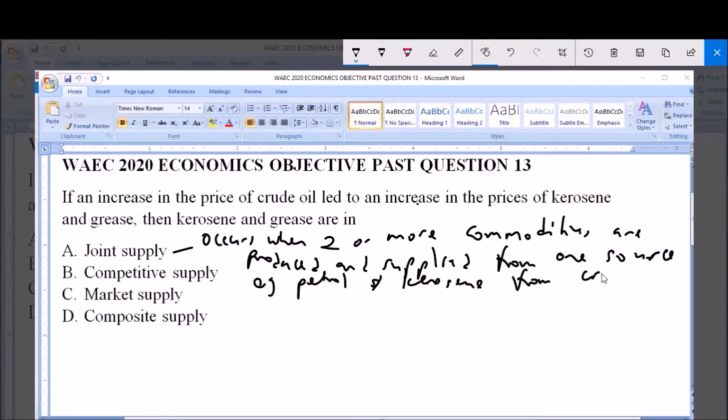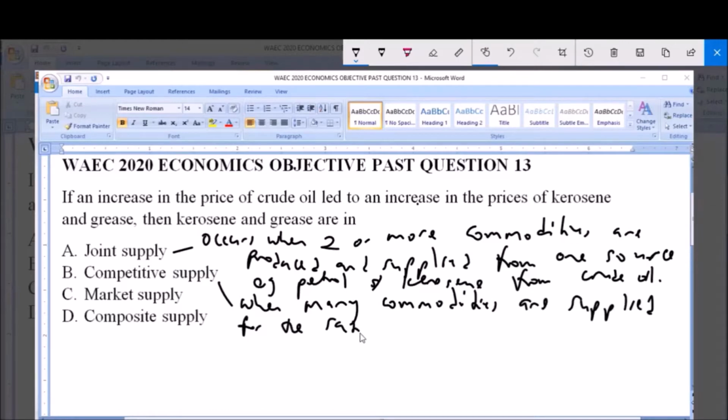So this is where you see joint supply. Now option B is competitive supply, and it refers to when many commodities are supplied for the satisfaction of a particular want.